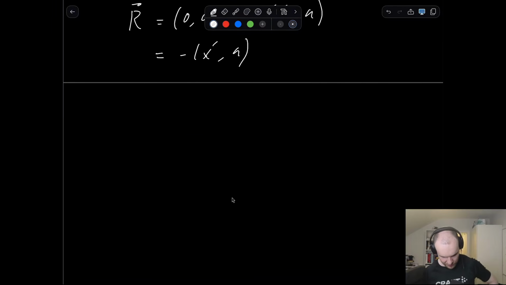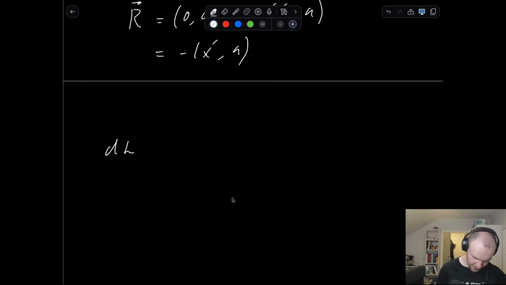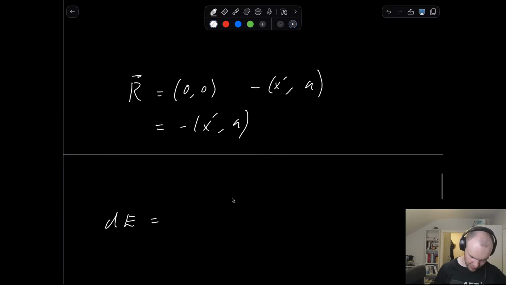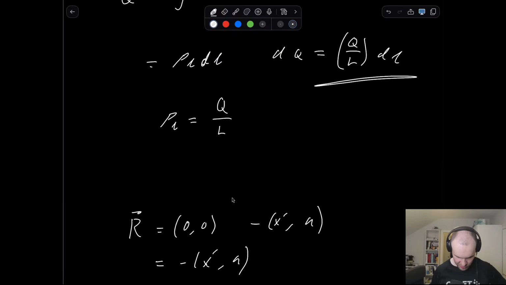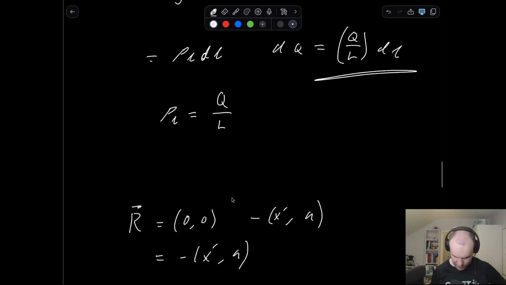What is the contribution dE from the E field of this line segment? Then we can just combine what we had. So dE, again, not the integral. All we need is that charge, the same thing we had: Q over L dl.